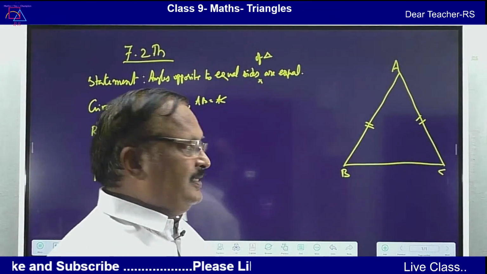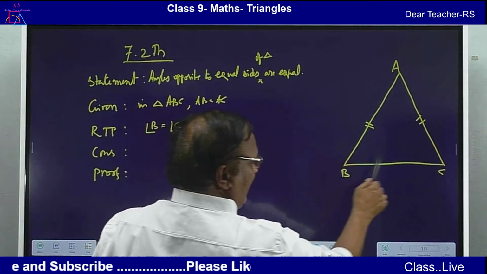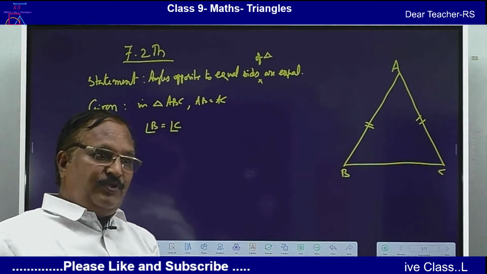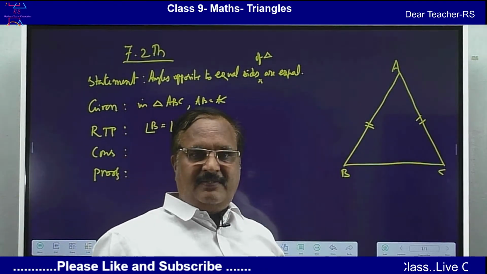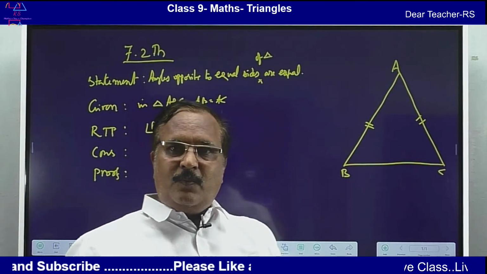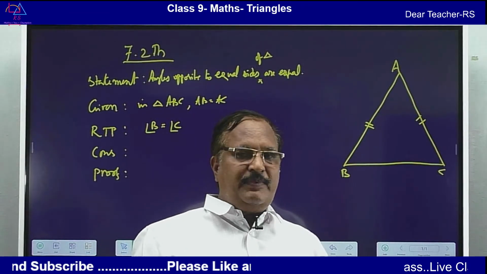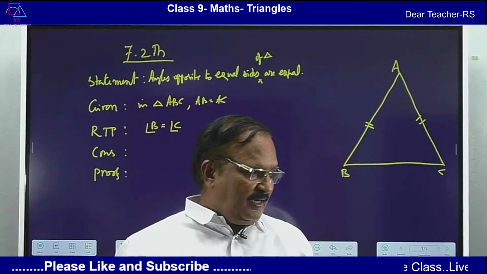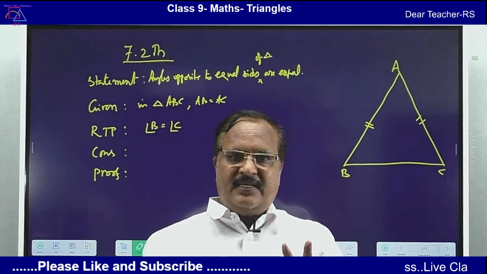Okay. So B is equal to C. That means these two angles you have to prove equal. Now for this we have to take a construction. Right now we have read only two theorems, that means two congruency rules, SAS and ASA. These two things are over.